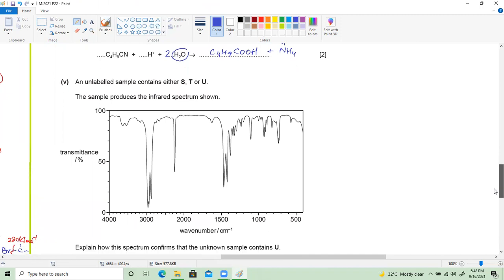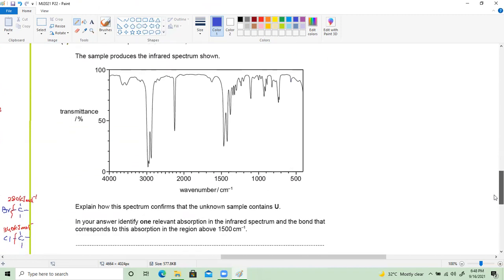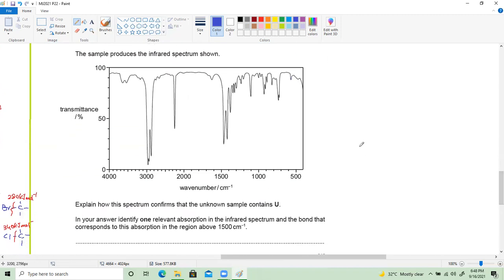So let us take a look at the nitrile group. You have the data booklet. You can actually refer back to the infrared spectrum data table, which gives you the values for the wave numbers regarding the infrared spectrum.